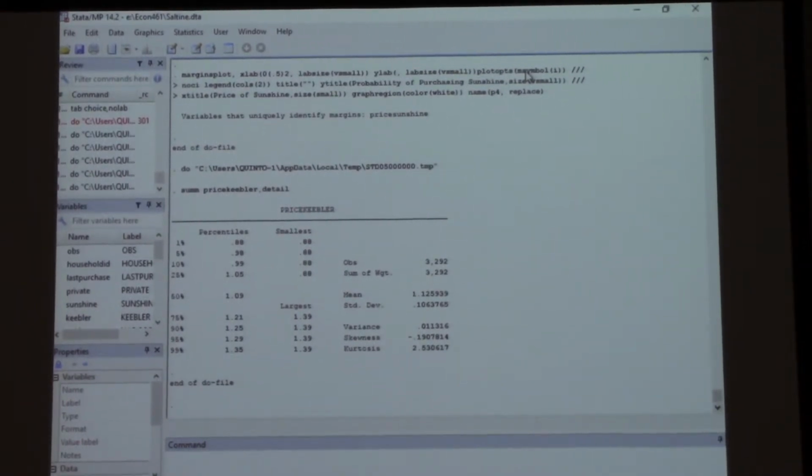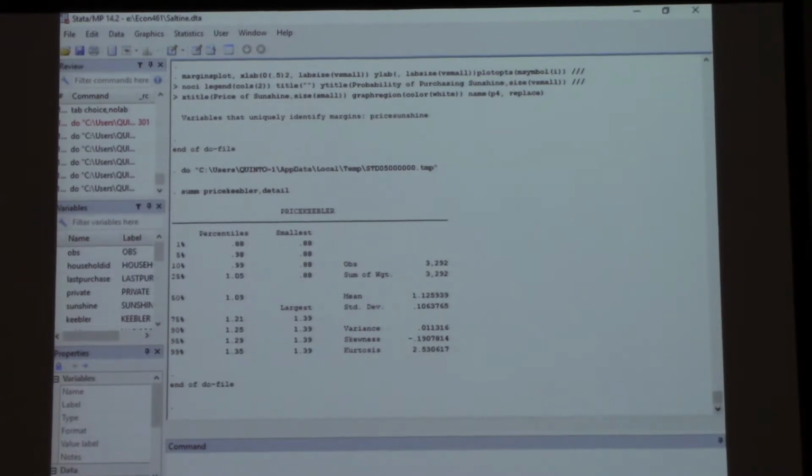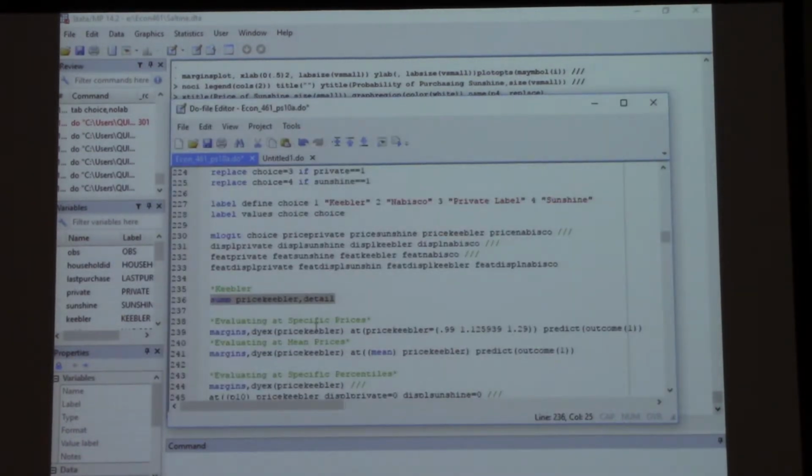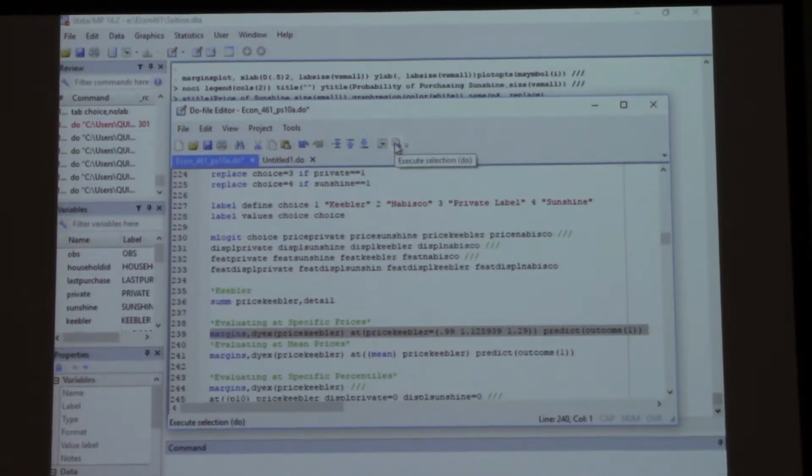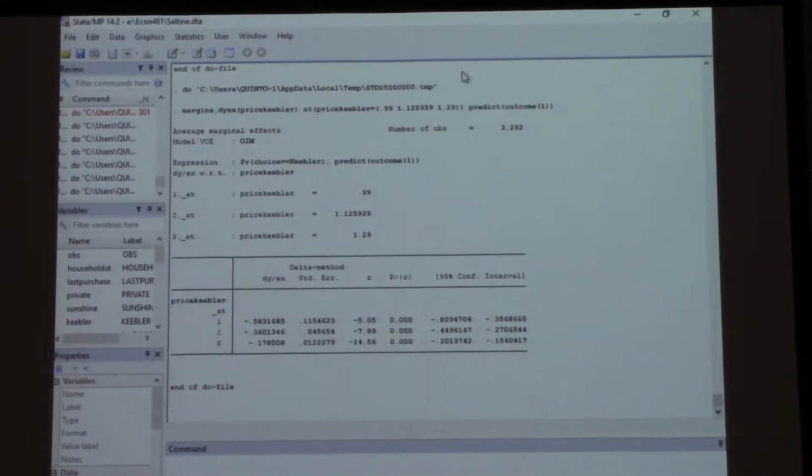The mean is $1.12. So we can evaluate these at different prices, and that's all I did here. I evaluated at 99 cents, $1.12, which was the mean, and $1.29.